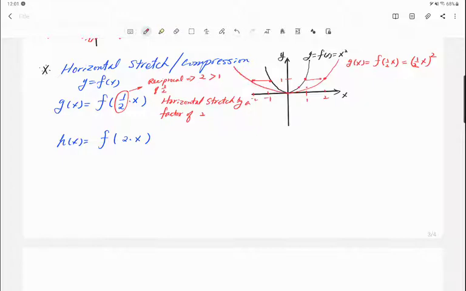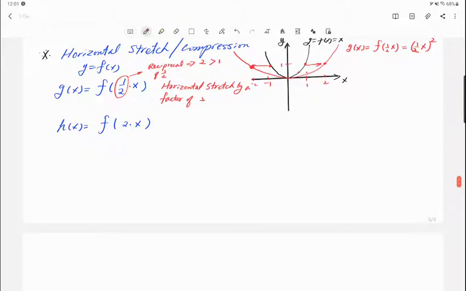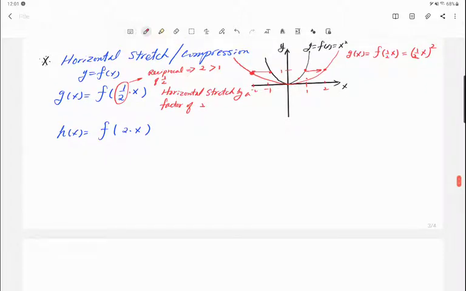It became wider, right? So horizontal stretch is similar to vertical compression, because it becomes wider. All right, then let's try horizontal compression. So if x is multiplied by 2, then what's the reciprocal of 2?